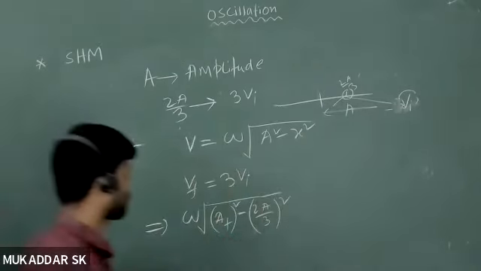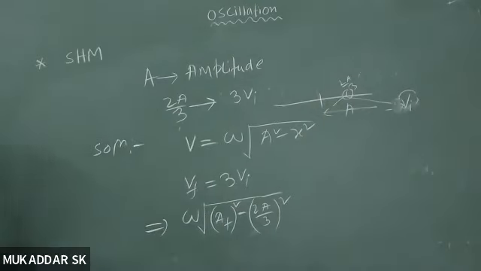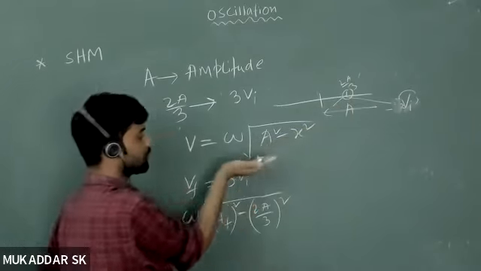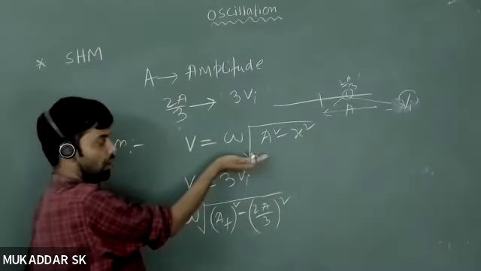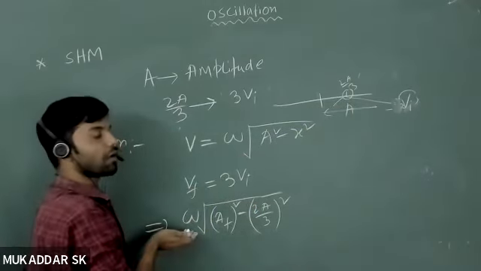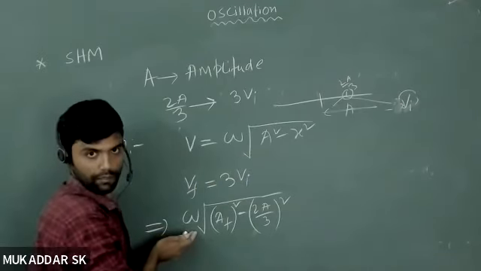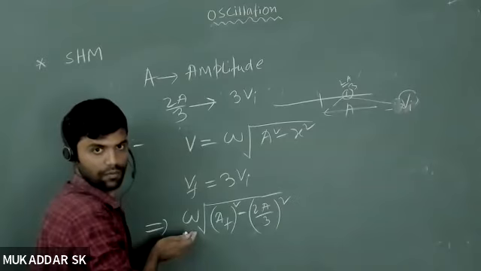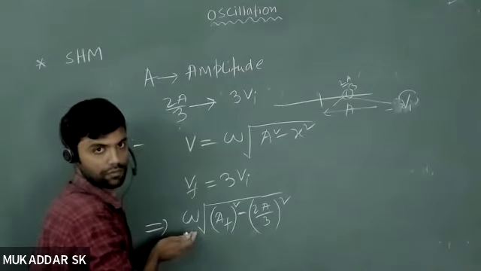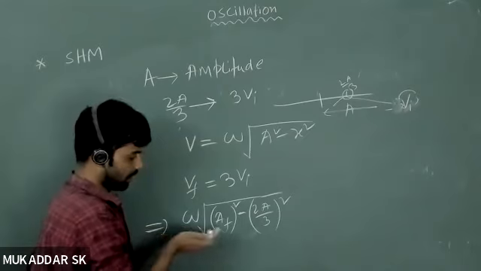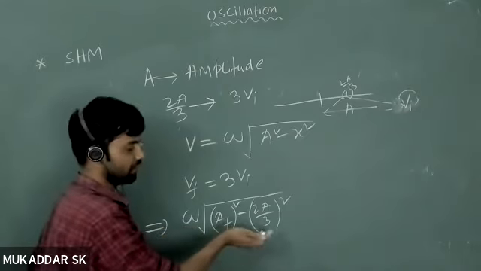Is this part clear? For the final velocity at position x equals 2a by 3, I have just used the simple formula. Omega will not be changed because omega only depends upon root over k by m. You are not changing any spring constant or mass of your block, so omega will not be changed, and the formula is A square minus x square.